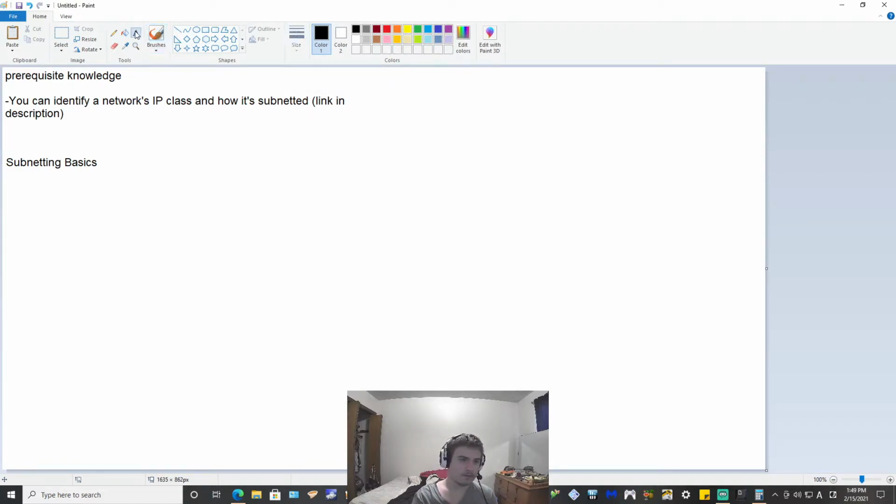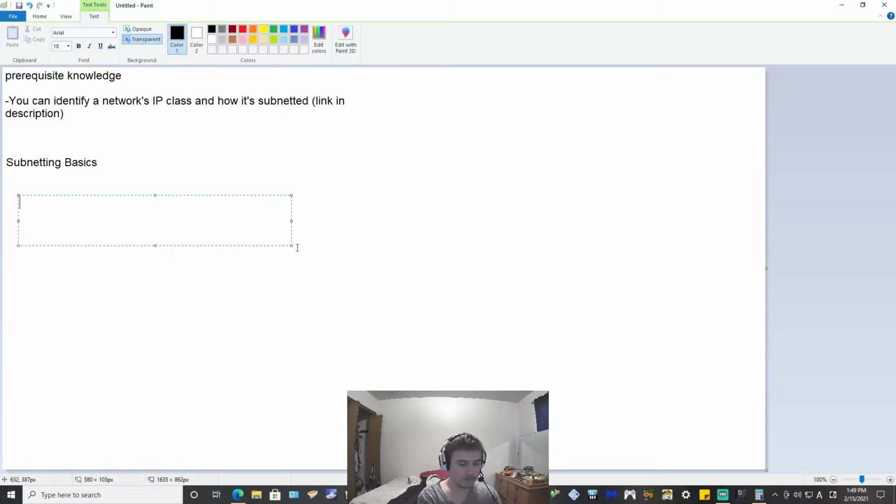So now some subnetting basics. I'm going to give you an example of a subnet mask. So this is going to be a /24. It's a very common subnet mask, typically found in an address such as 192.168.23.54, whatever, right?